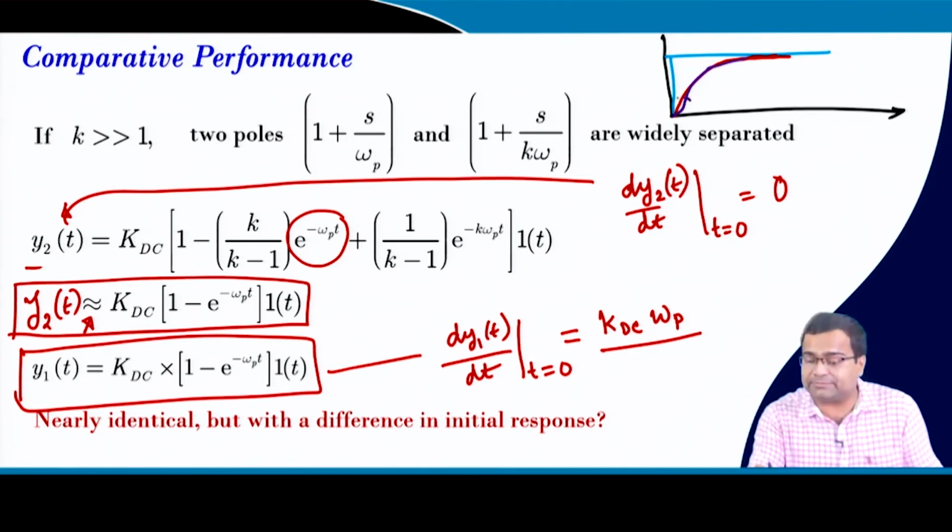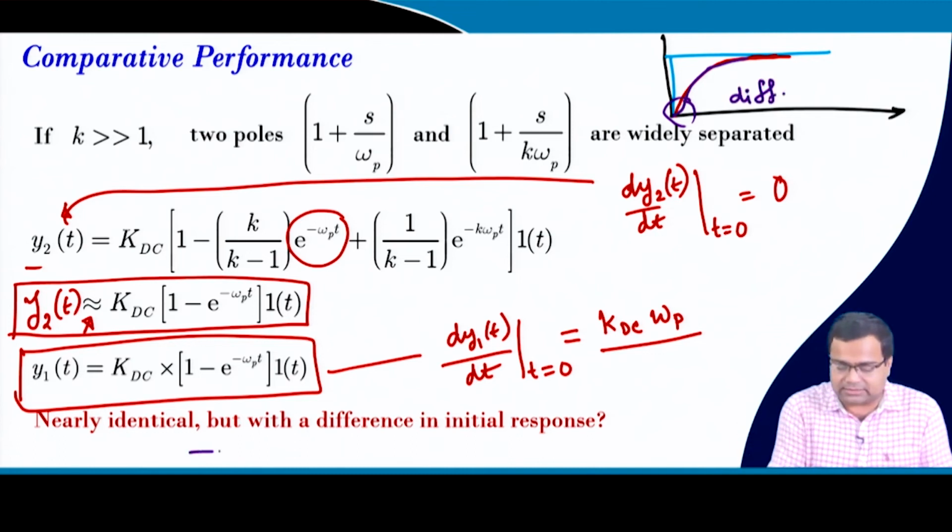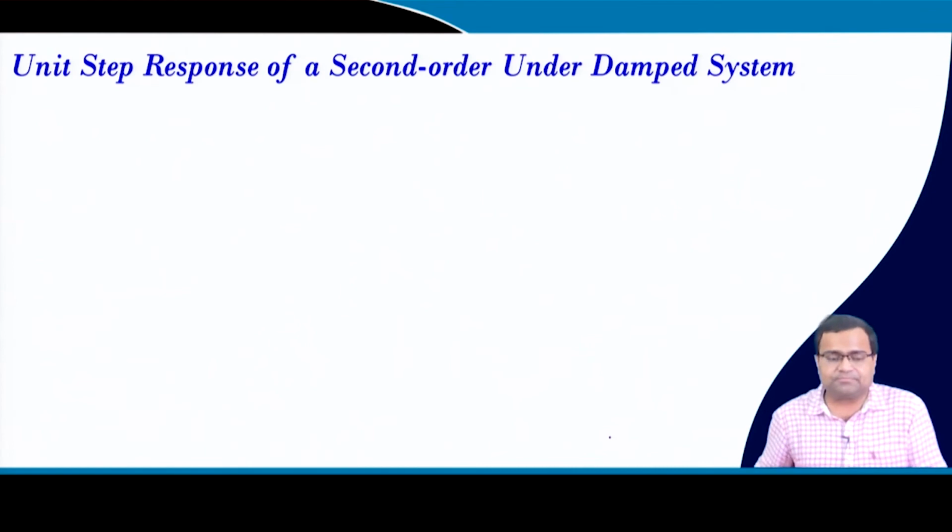So, if you zoom out, there is a difference in their initial condition, and this is the initial response, there will be a difference.